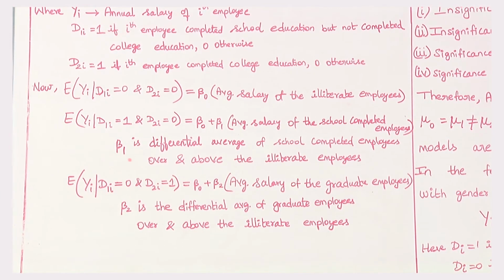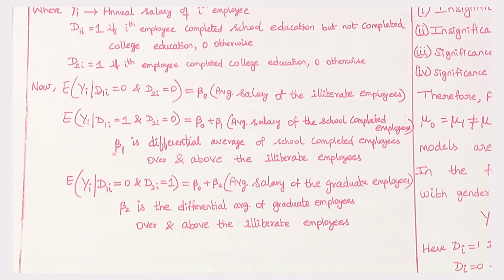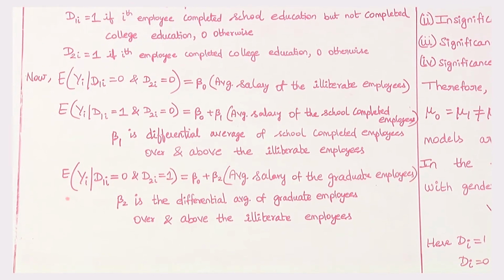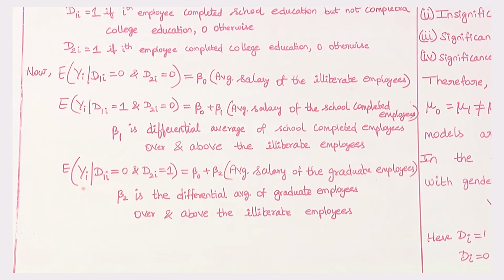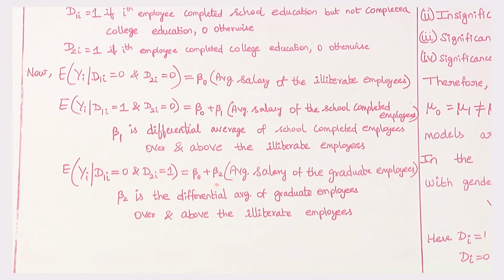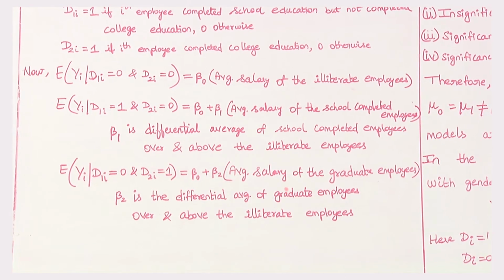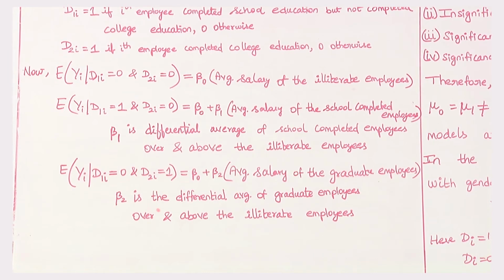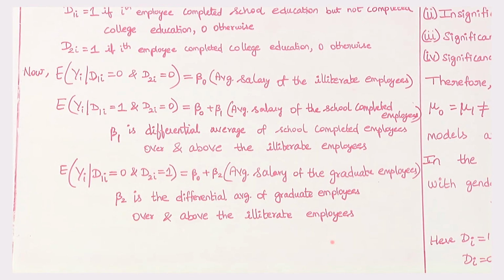The conditional average of yi given d1i equal to 0 and d2i equal to 1 is equal to beta 0 plus beta 2. This is nothing but the average salary of the graduate employees, where beta 2 is the differential average of the graduate employees over and above the illiterate employees.